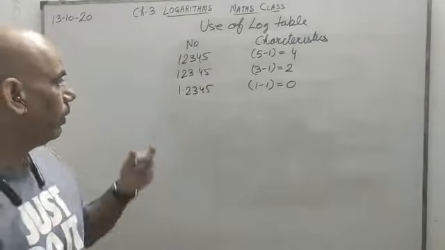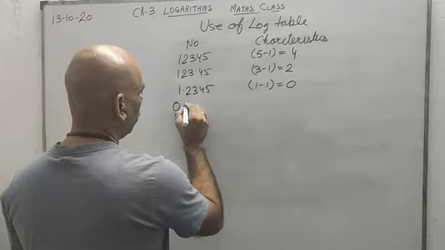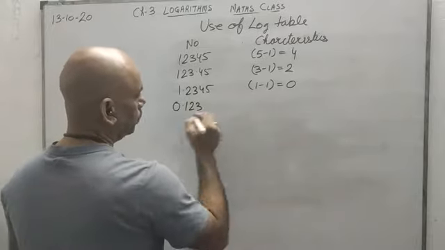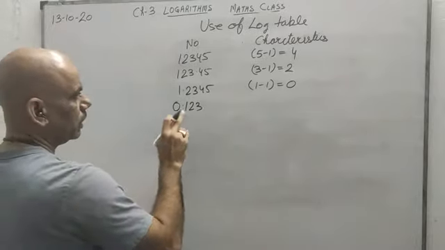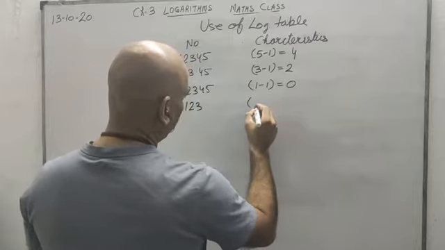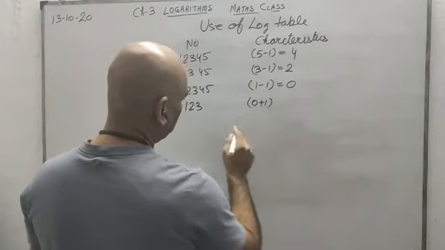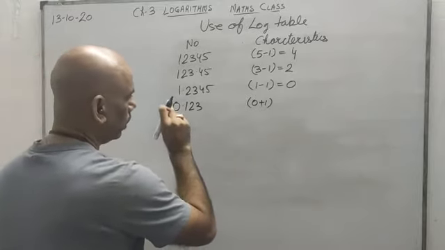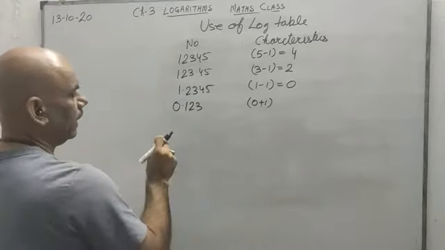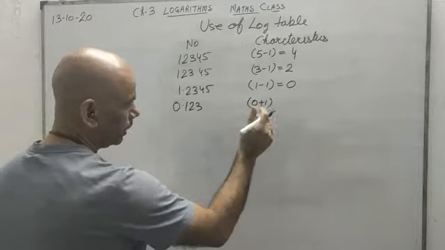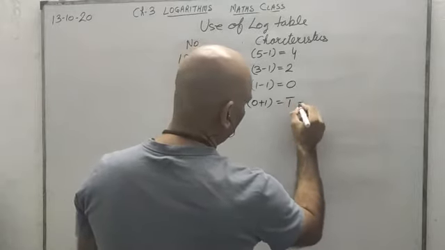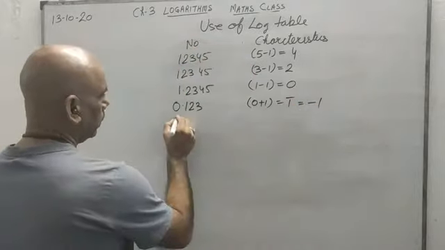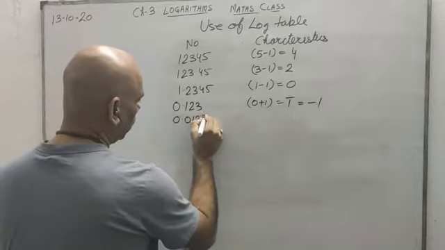Now, when will it be negative? 0.123. What you can see is that now there are no digits before the decimal, and no zeros between the decimal and the non-zero digit. So 0 plus 1, so it is 1 bar, or you can say negative 1. 0.0123.